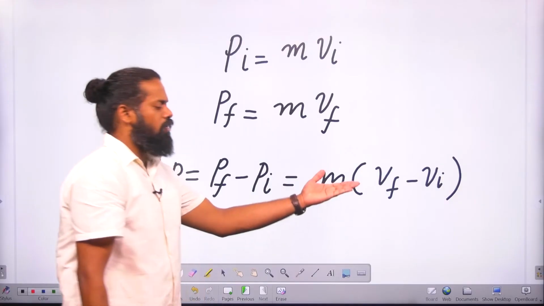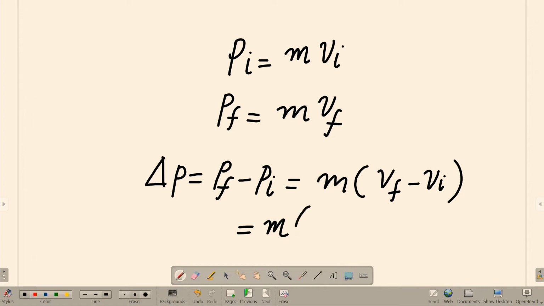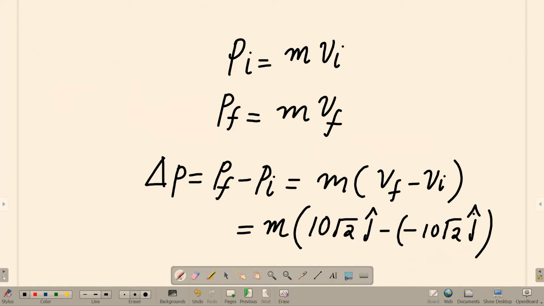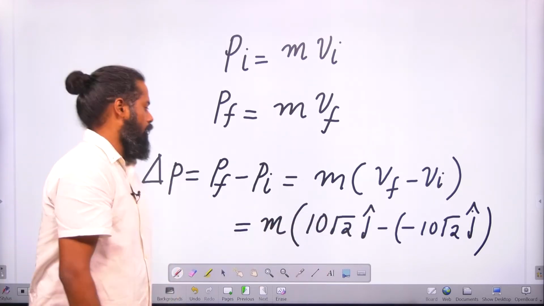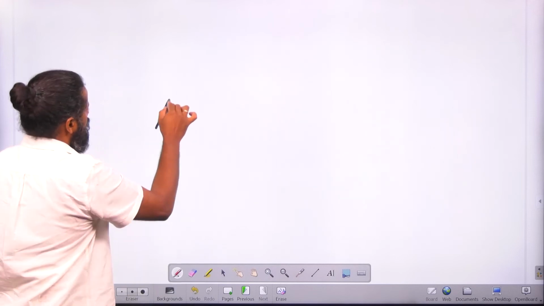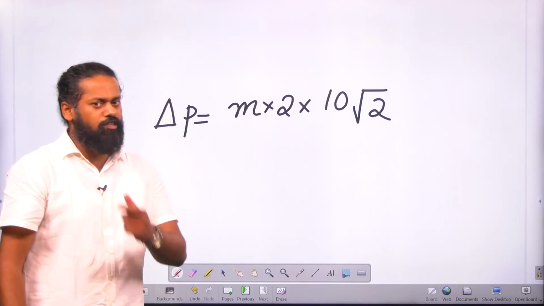That is mass multiplied by 10 root 2 j cap minus minus 10 root 2 j cap. Negative, negative will add up together, so 2 times 10 root 2 will be there. So delta P, the change in momentum, is equal to mass multiplied by 2 times 10 root 2.